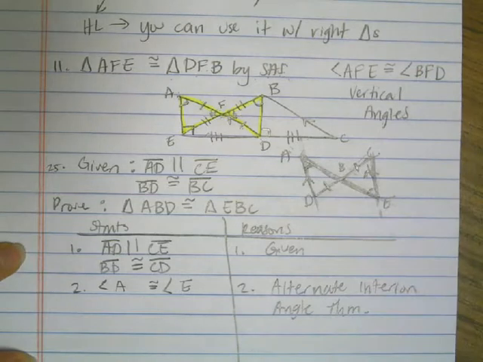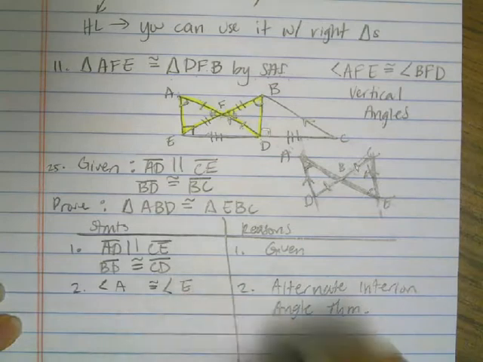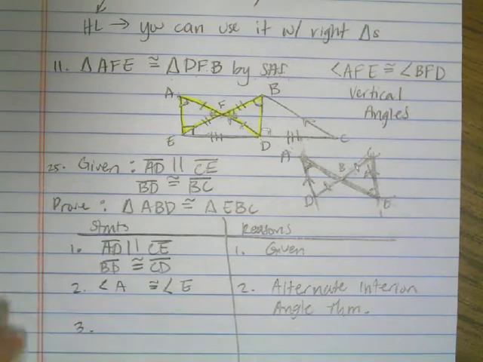So I marked it up on my thing. And now we use this line. What's another thing we can say is congruent? Which one?